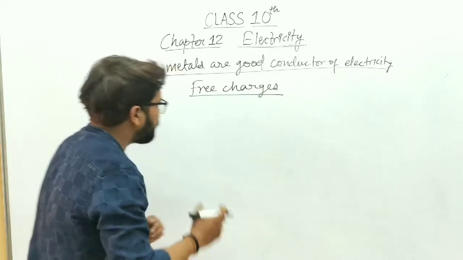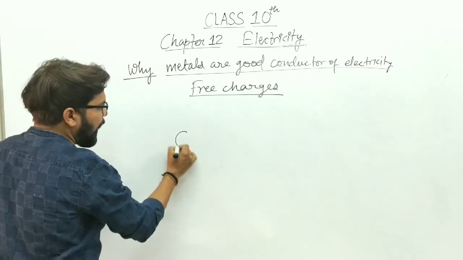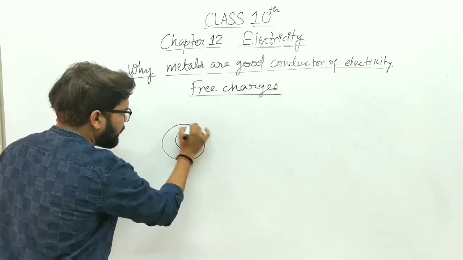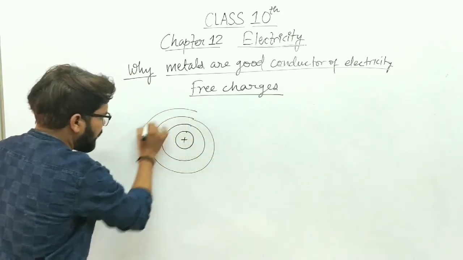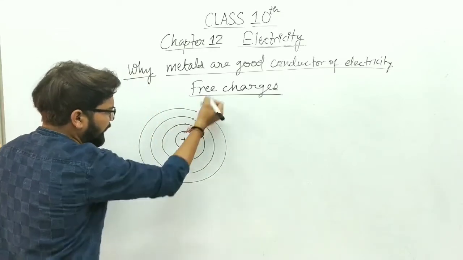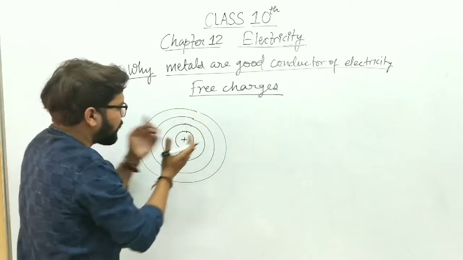If I take an example of any kind of atom, it has a nucleus portion and here this is a shell, and we all know the configuration is 2, 8, 8, 18, basically the electrons.